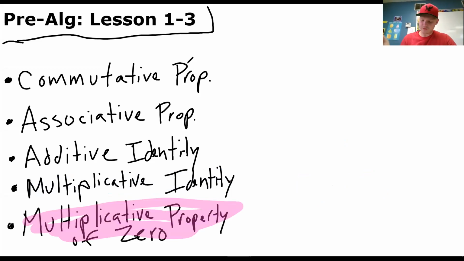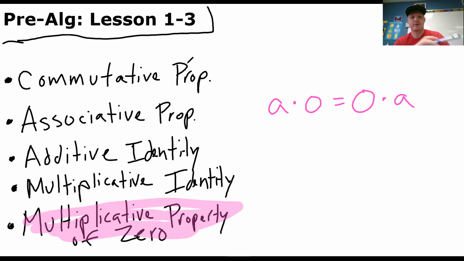This one's stating that when we have A times 0, that is going to equal 0 times A. When any number is multiplied by 0, the product is 0. So we all know that one. If we multiply 2 times 0, that's going to be 0. 1 times 0, 0. Whatever we substitute for A, our answer is always going to be 0 for the multiplicative property of 0. Okay, so let's move on to example number 1.